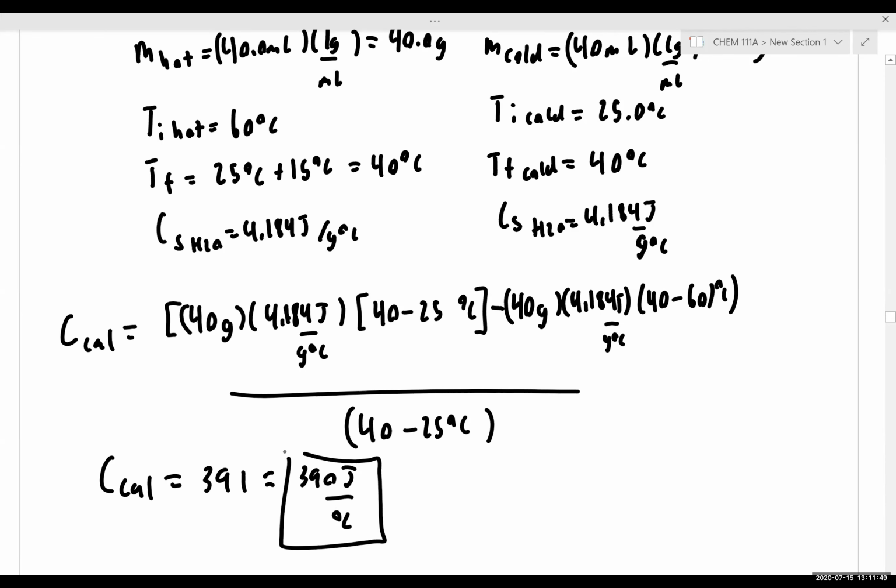So your heat capacity should always be a positive number, and it should have units of joule per degree Celsius. The temperature rises relative to your cold water temperature.